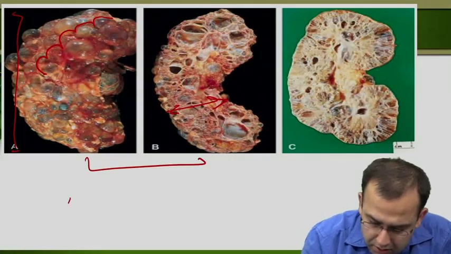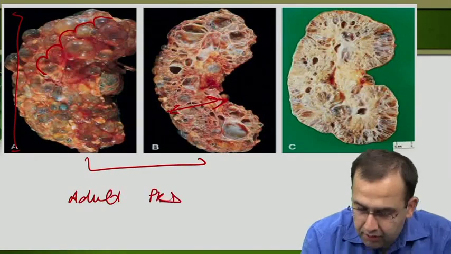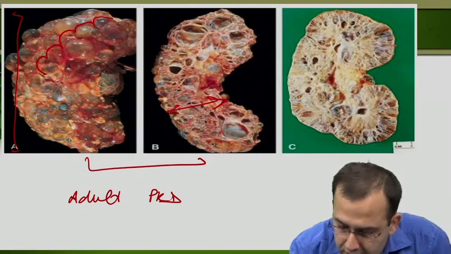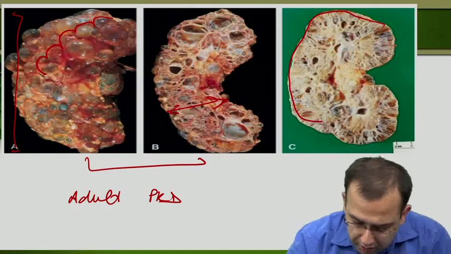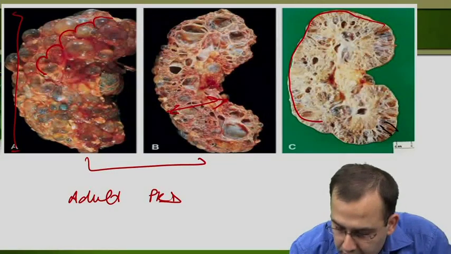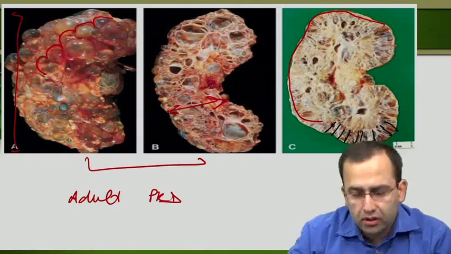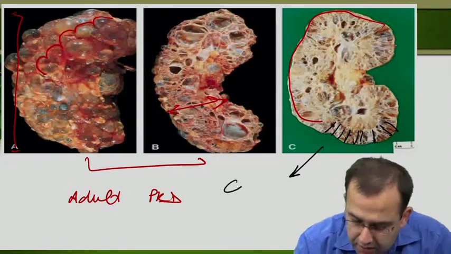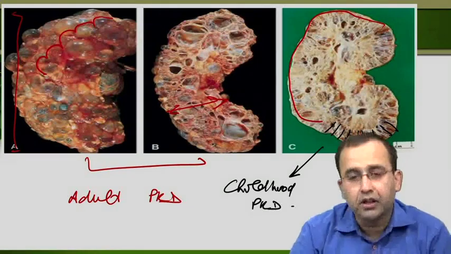So diagnosis, adult polycystic kidney disease, adult PKD, versus the smooth outer surface of the kidney with presence of cysts at right angles to the renal capsule. That is childhood PKD.